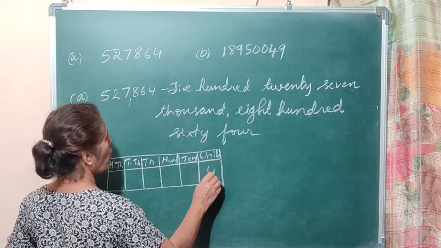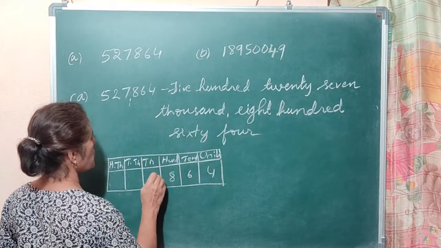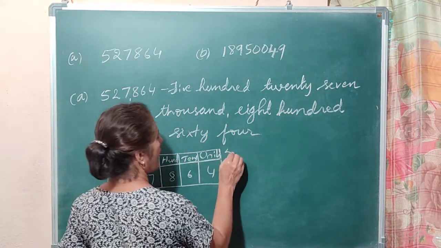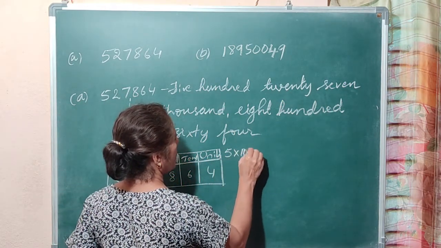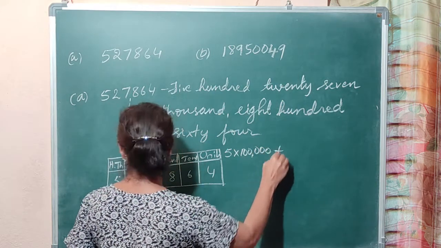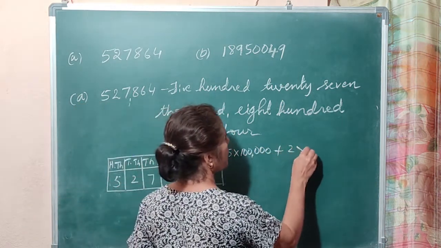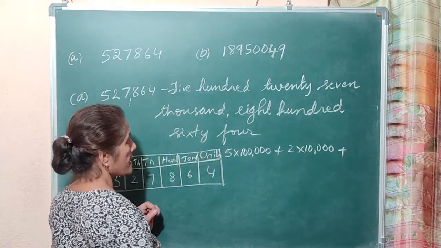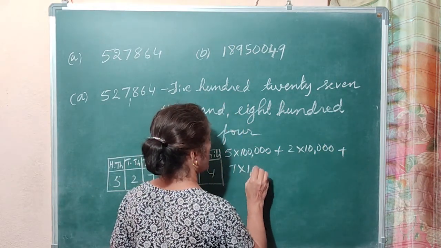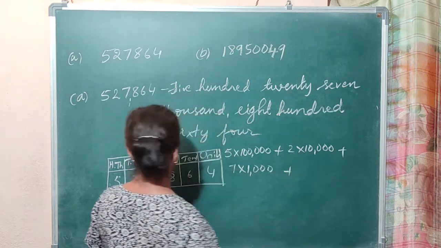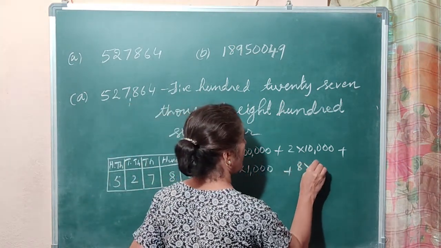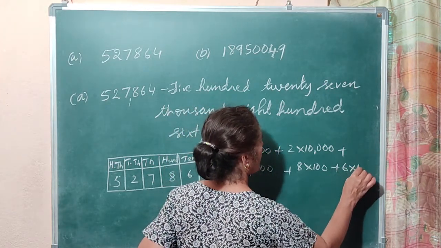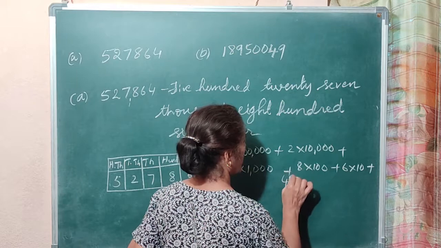So 4, 6, 8, 7, 2, 5. So 5 into 100,000 plus 2 into 10,000 plus 7 into 1,000 plus 8 into 100 plus 6 into 10 plus 4 into 1.